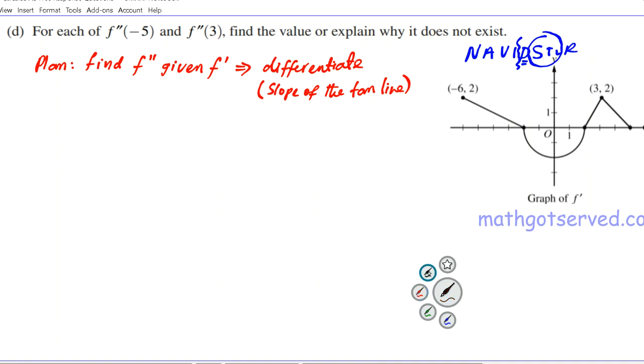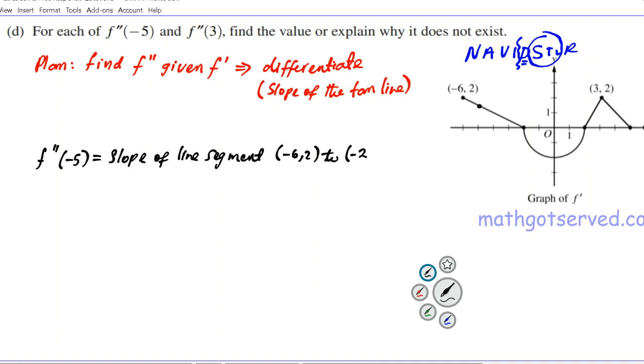Let's start with the first part. You want to find f double prime of -5. You're looking for the slope at an interior point of a straight line segment. That's easy because our tan line is the line itself. So this is basically the slope of the line segment from -6 to -2, 0.